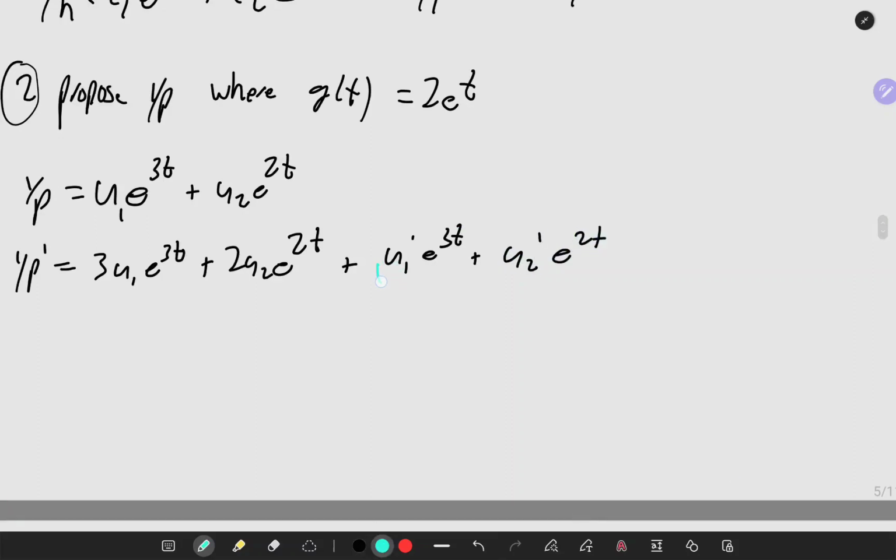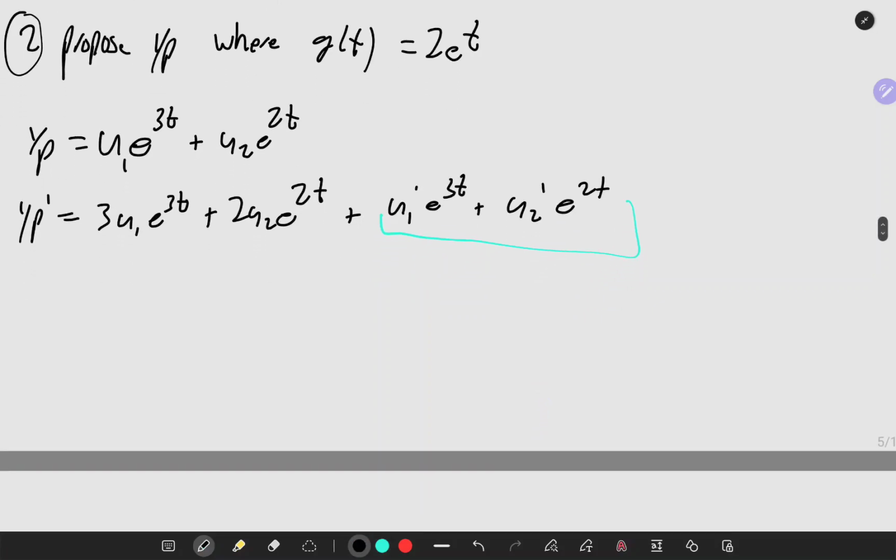Now this we will separate and set equal to 0.